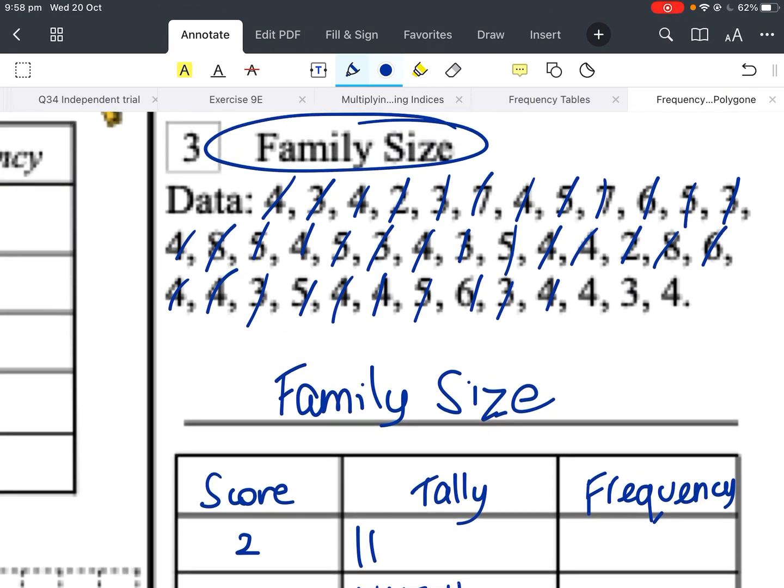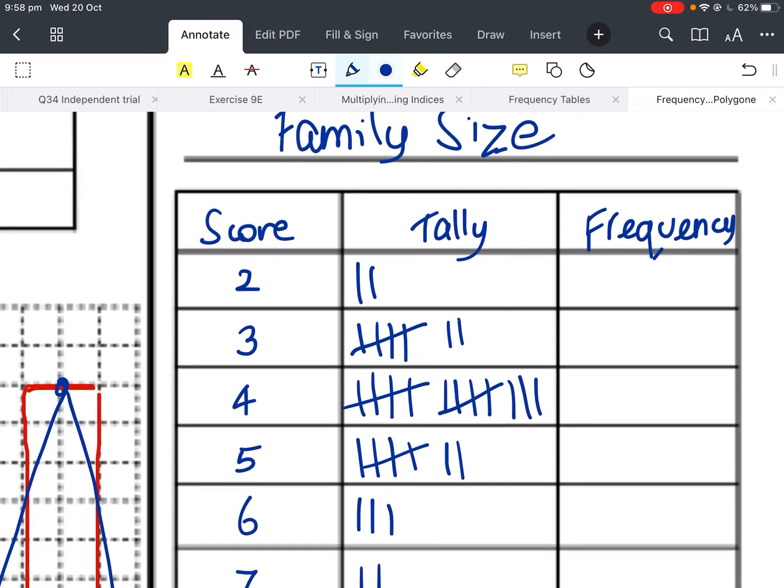I'm going to run out of room. 4 and 3 and 4.